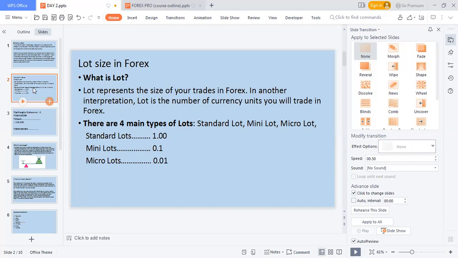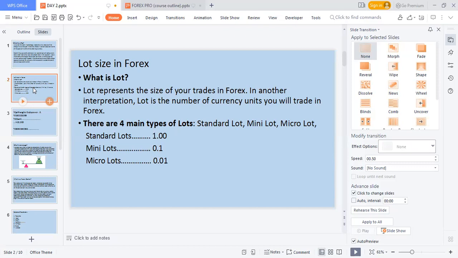The standard lot is a lot size of 1.0 upwards. The mini lot is a lot which is 0.1. And the micro lot is a lot which is 0.01. Let me explain this part to you.